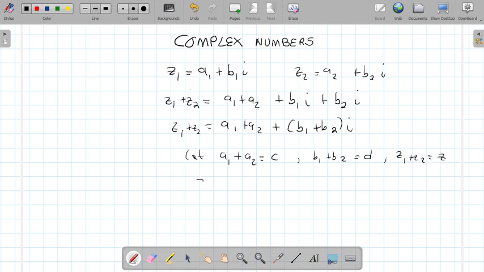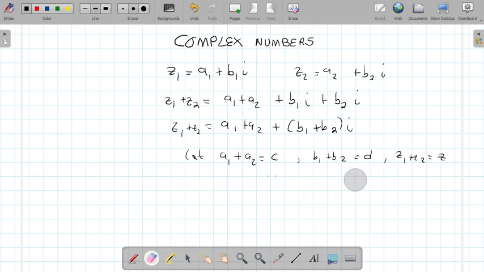Now this simplifies to z is equal to c plus di. Great, so now you can easily see that this is a complex number. This is for you to see what is going on here, because you might not easily see it. All right, so that is how we add two complex numbers.